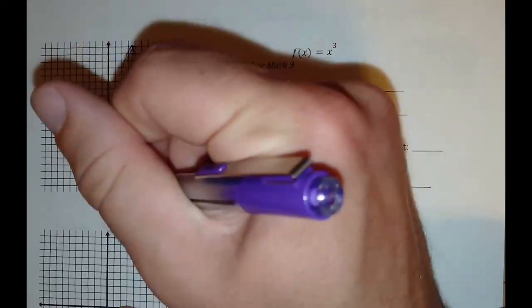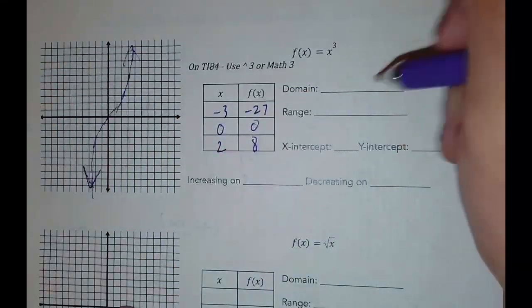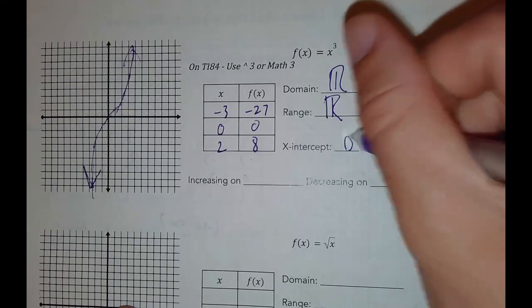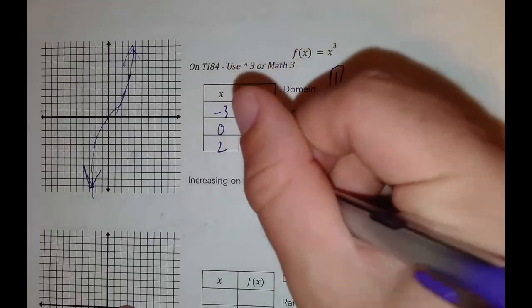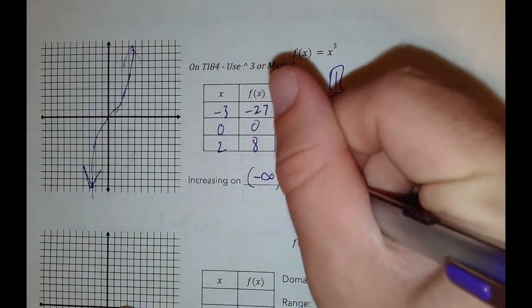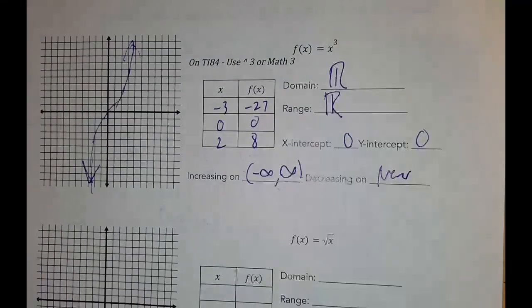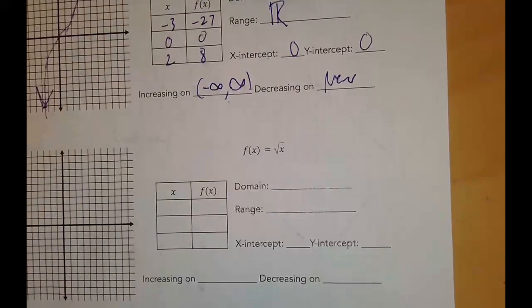It doesn't have to be perfect, something like that. The domain is all real numbers, the range is all real numbers, the x-intercept is 0, the y-intercept is 0, and it's always increasing from -infinity to infinity. It's always going up from left to right. It's never decreasing.